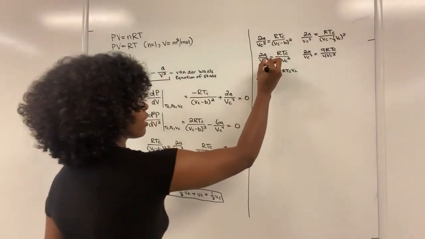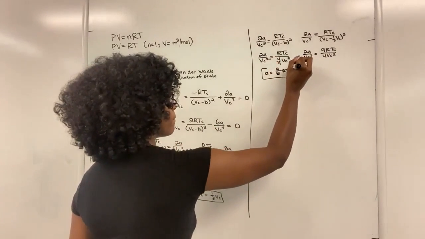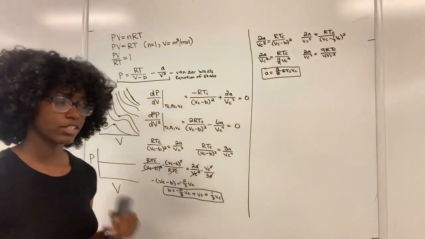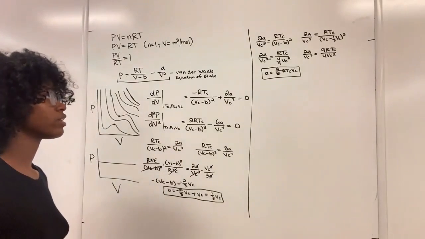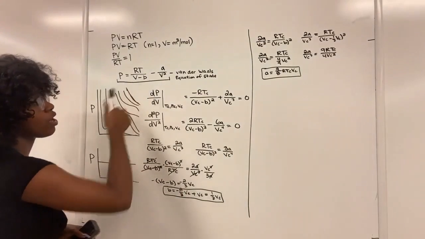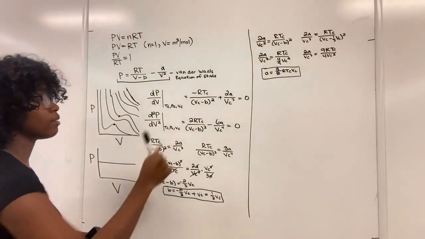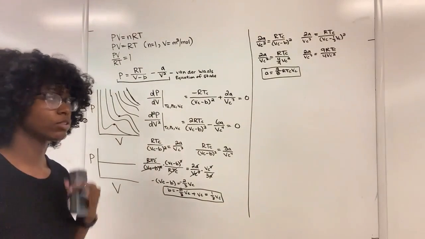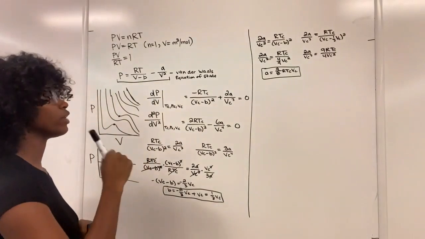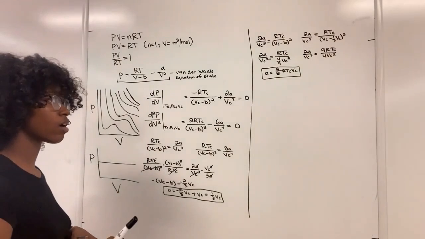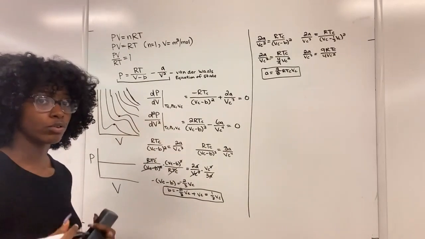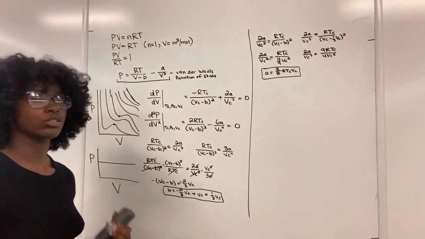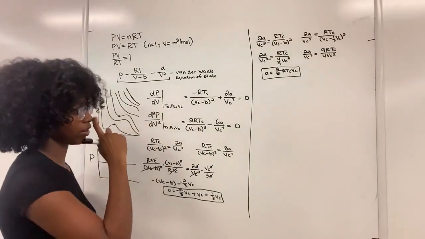And so now we have both A and B terms. And since we have both of those terms, this enables us to come back to our van der Waals equation of state and input what those A and B terms are. But we have to remember that we are evaluating these at the critical value, so our pressure also has to be critical pressure in this scenario.